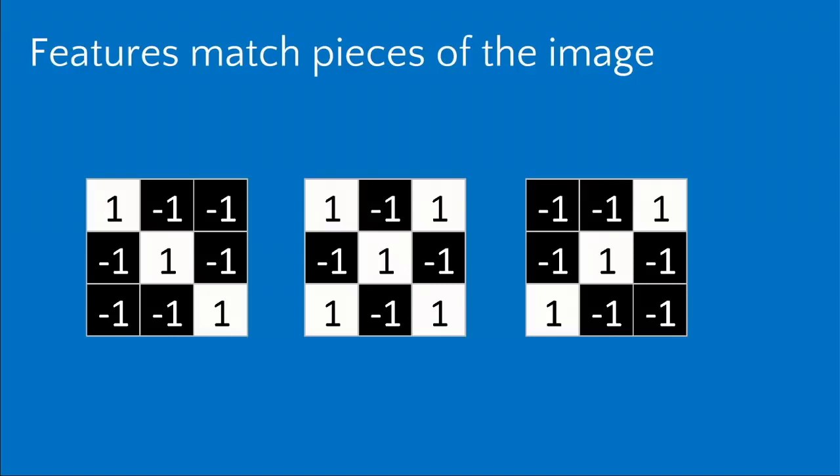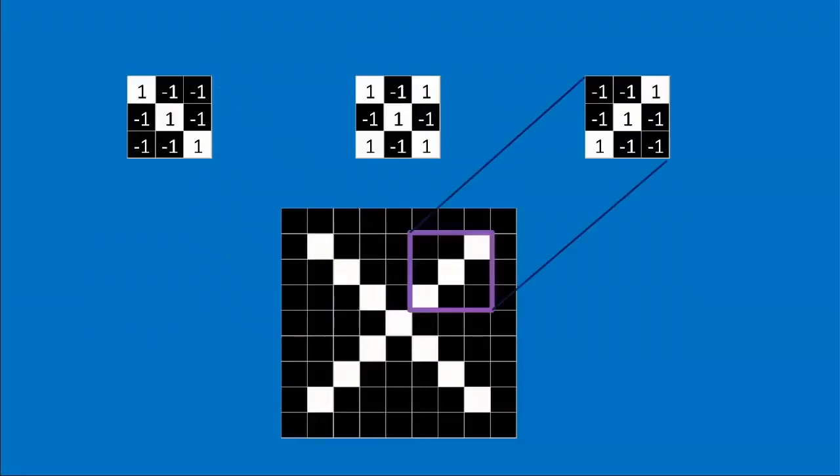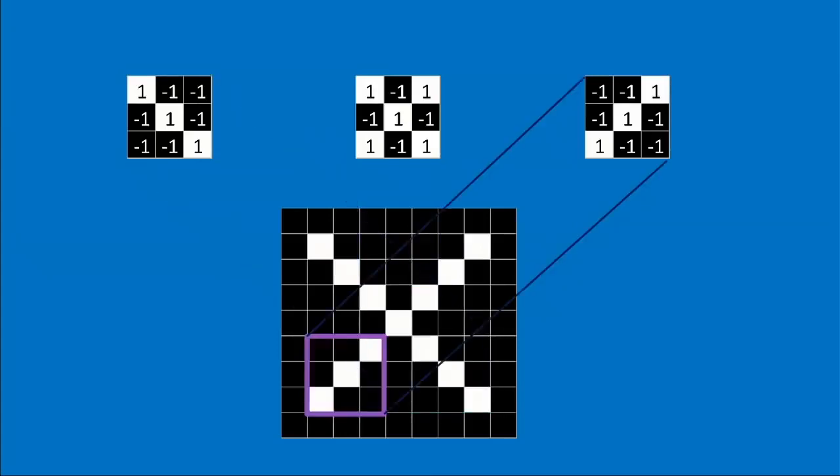You can see the one on the left looks like a diagonal arm of the X that's leaning left. The one in the middle looks like the center of the X where it crosses. And the one on the right looks like a diagonal arm leaning right. And you can see how these different pieces, these different features of the image, match different patches within the overall image.